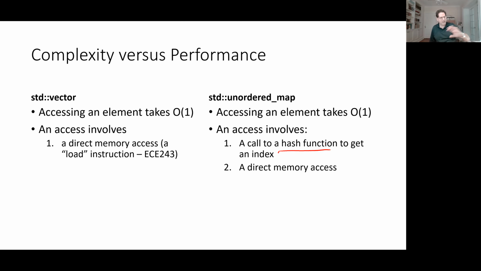An unordered map involves a call to a hash function. So even though you're passing in an integer that actually would be a pretty good index, an unordered map is going to hash that. That function kind of scrambles the bits, produces a new index. And then with that new index, it's actually going to do something fairly similar to a vector. It's going to compute, okay, where should I be looking up in the hash table, and let's go do a memory access. This hash function took time, okay?